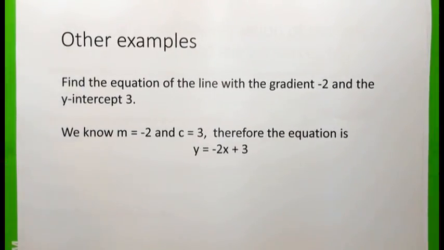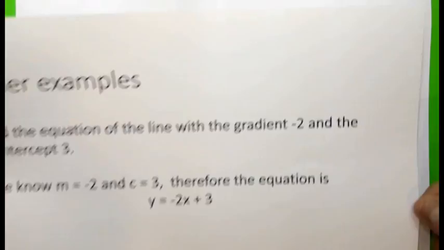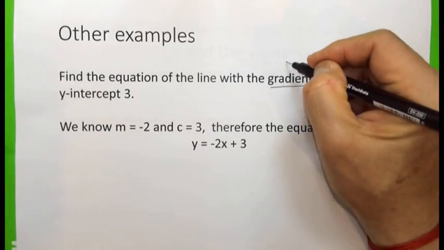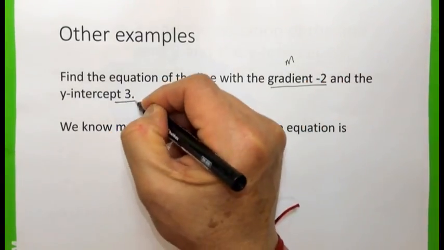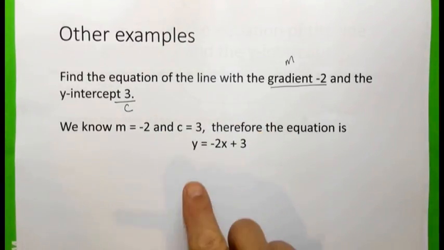We are asked to find the equation of the line with the gradient minus 2 and the y-intercept 3. Now, from the previous explanation, we can substitute the gradient of minus 2 as m and y-intercept of 3 as c. So, the equation is therefore y equals minus 2x plus 3.